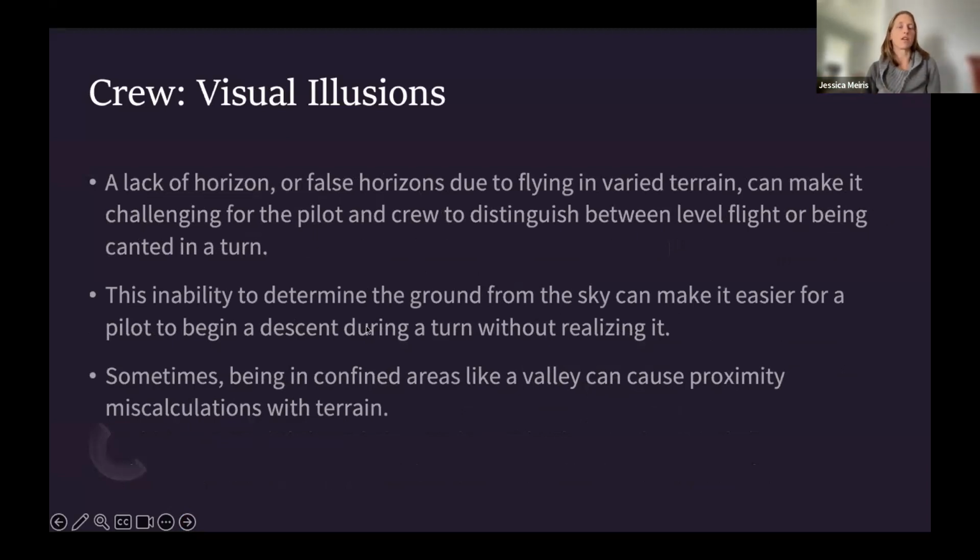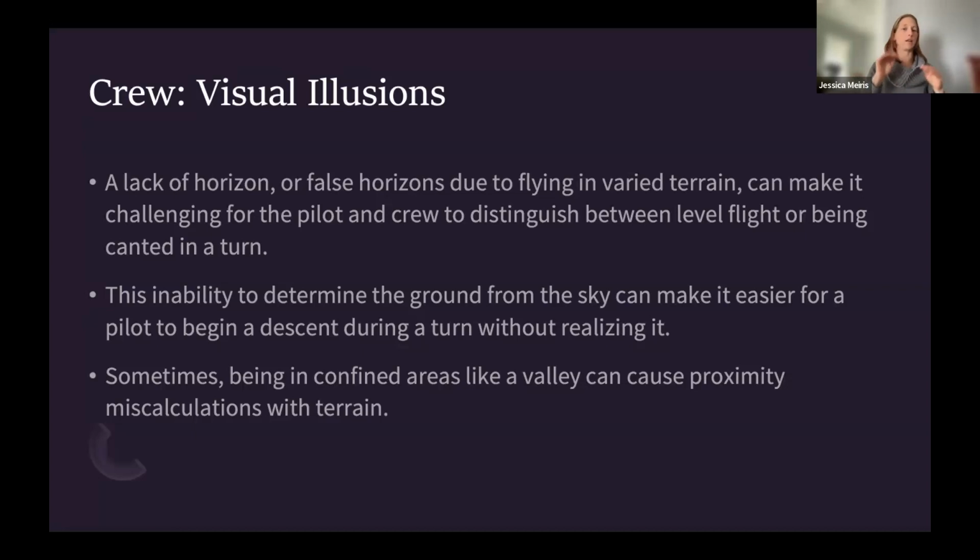Visual illusions are related to, but distinct from, spatial disorientation. Even though something like a lack of horizon is common between those two things, sometimes we have false horizon capability when we're in varied terrain. It can make it really challenging for the pilot and the crew to distinguish between what's straight and level and what's canted in a turn, because you're losing that horizon that we typically reference.